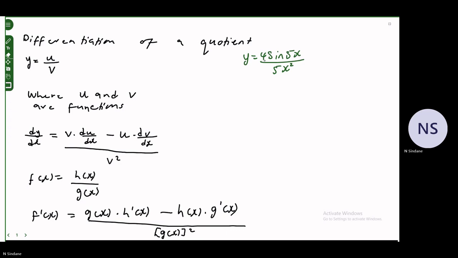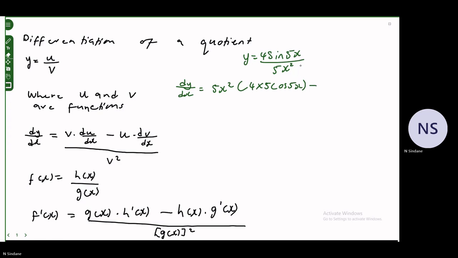When differentiating this, I'm going to differentiate y with respect to x. It will give me dy over dx. This is equal to, now differentiate my numerator while keeping my denominator constant. I'm going to get 5x squared as it is, multiplied by 4 times 5 cos of 5x, right, minus, now I'm going to differentiate my denominator while keeping my numerator constant.